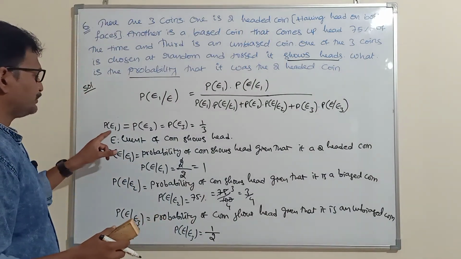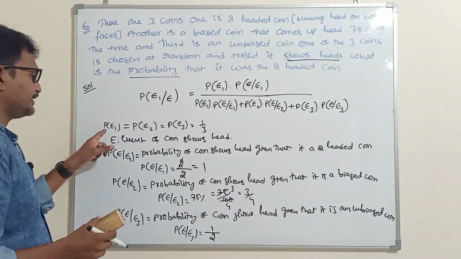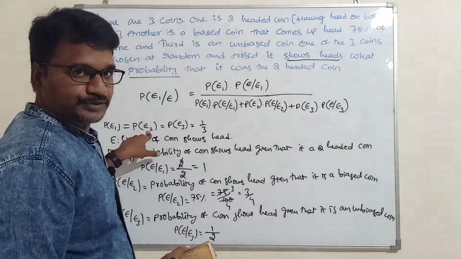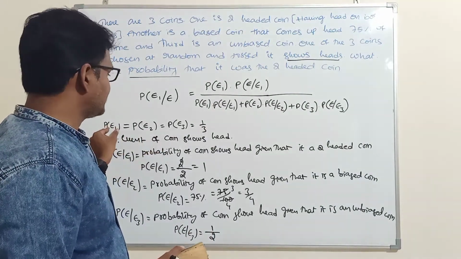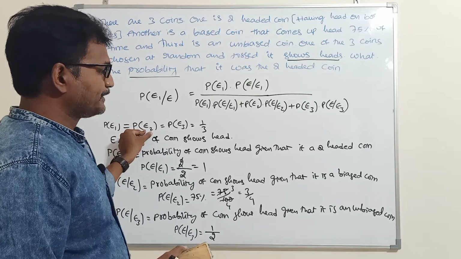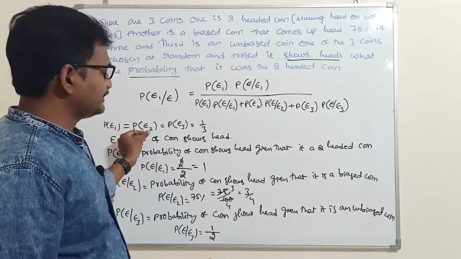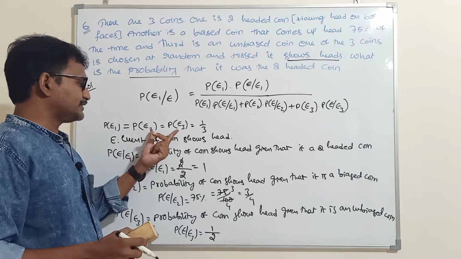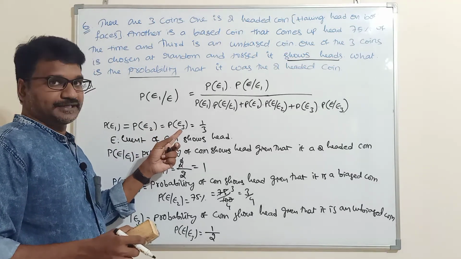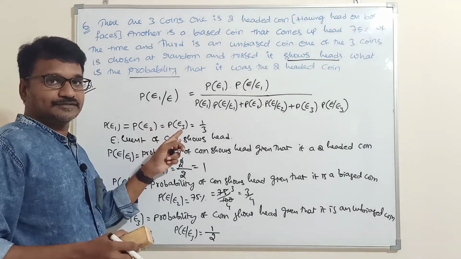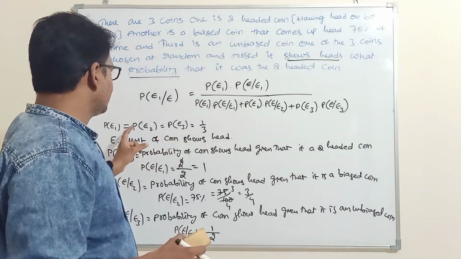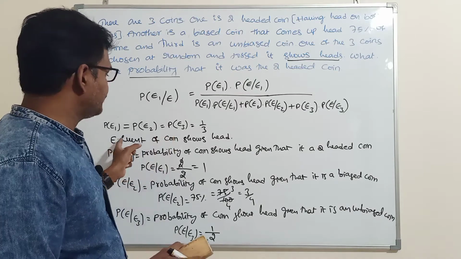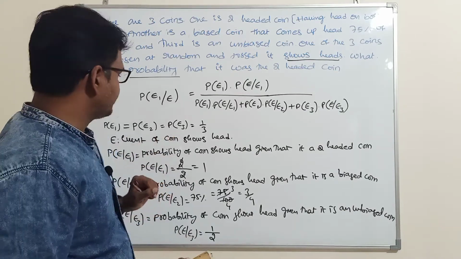Here E1, E2, E3 are mutually exclusive and exhaustive events, because E1 intersection E2 is the null set. E1 is the two-headed coin and E2 is the biased coin, so there is no relation between them. Similarly, between E2 and E3 there is no relation, so E2 intersection E3 is also the null set. That means E1 intersection E2 intersection E3 is the null set. Therefore, E1, E2, E3 are mutually exclusive events.